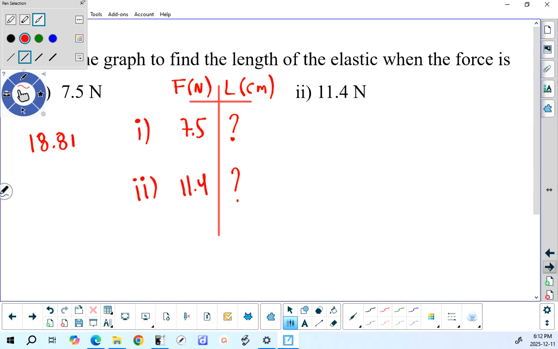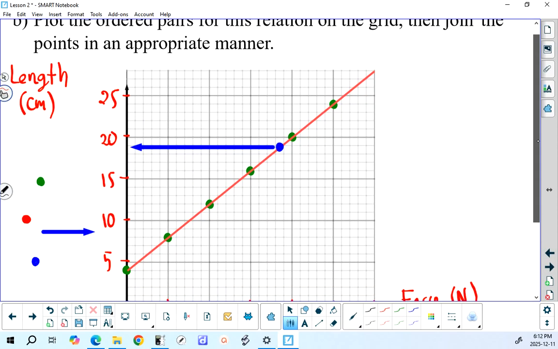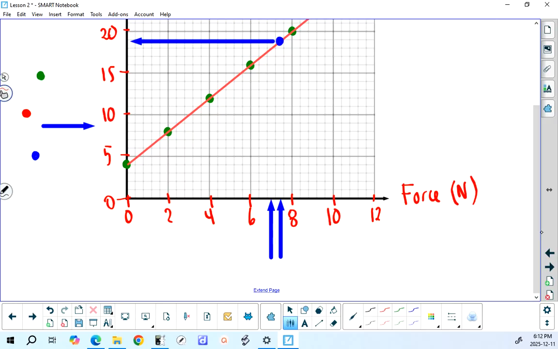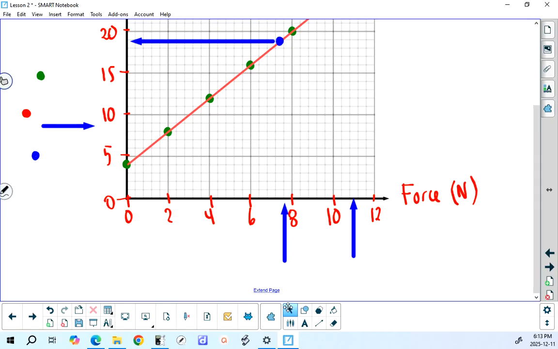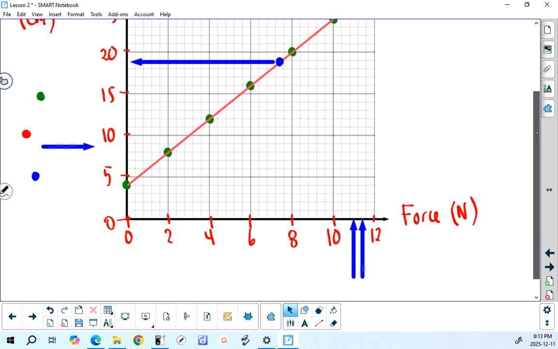What about 11.4? Well, it's the same thing. What we need to do is look at 11.4. Well, 11 newtons is halfway between 10 and 12. 11.4 will be almost halfway between 11 and 12. It might be about here. I don't know exactly. I mean, we could break out the drafting tools and the AutoCAD and rulers and ratios and do all kinds of work, but it's not worth it.